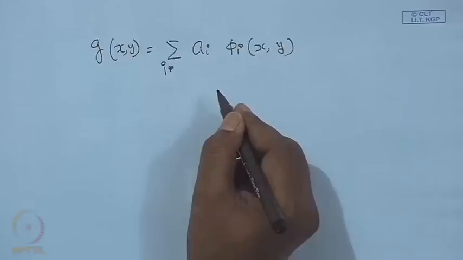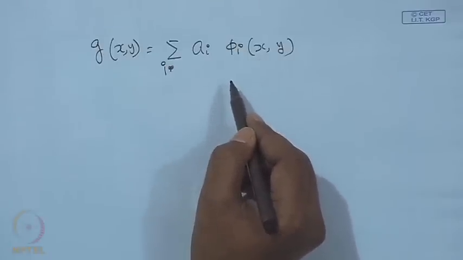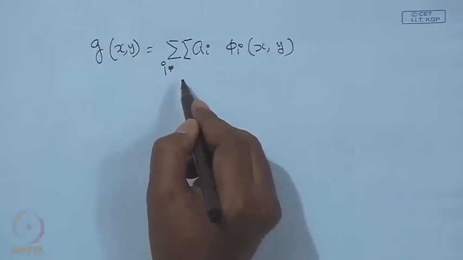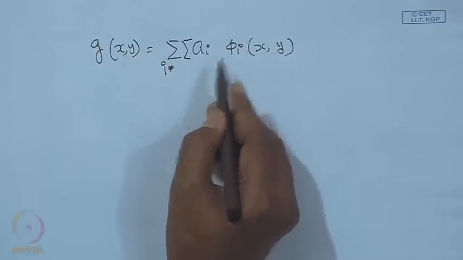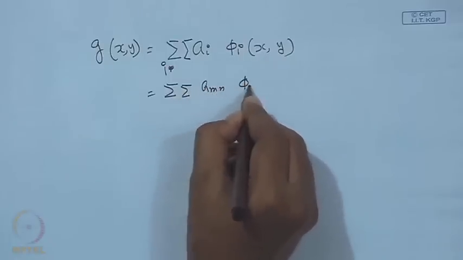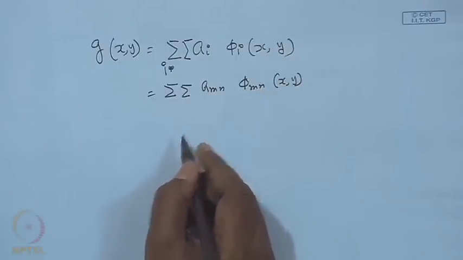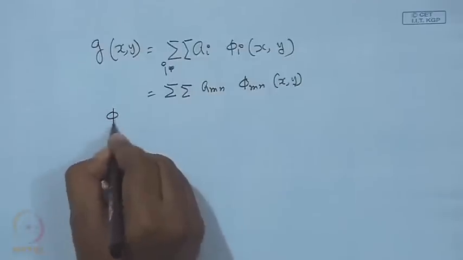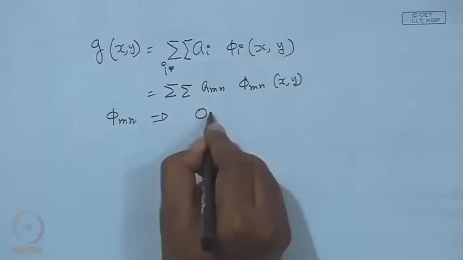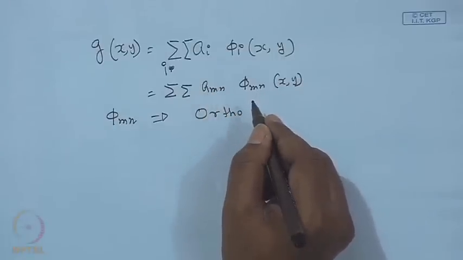Now, in fact, there will be a double summation, because we will be having two independent eigenvalue problems, in the x direction as well as in the y direction, and this will be a m n phi m n x y. Now, the constant a m n can be obtained by using the orthogonal property of the eigenfunction.